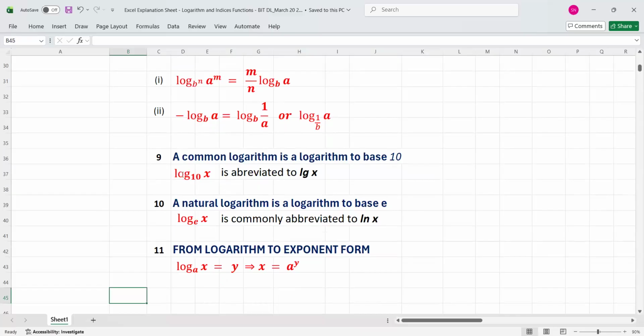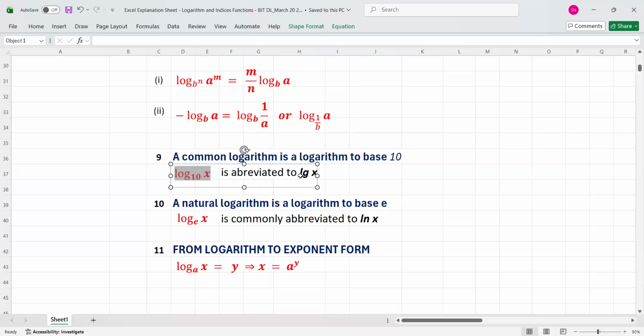Rule number 9 is just an observation. Number 9 says that log x, any log function you see, is actually log to base 10. So when you open your calculator, you will see that the log function is automatically written in base 10.